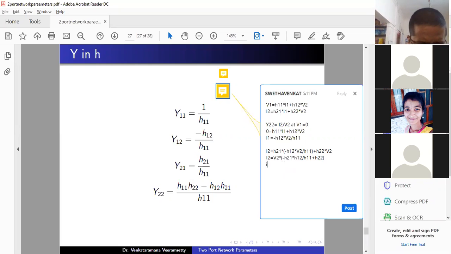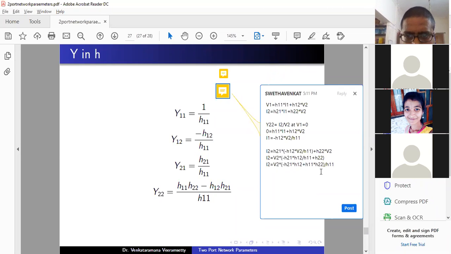We can further simplify this as I2 equal to V2 multiplied by, taking LCM, minus H21 into H12 plus H11 multiplied by H22, divided by H11.